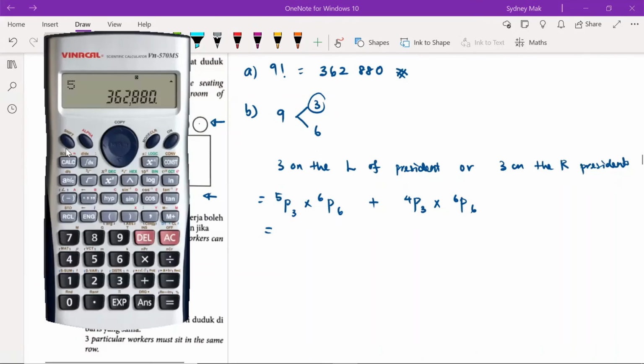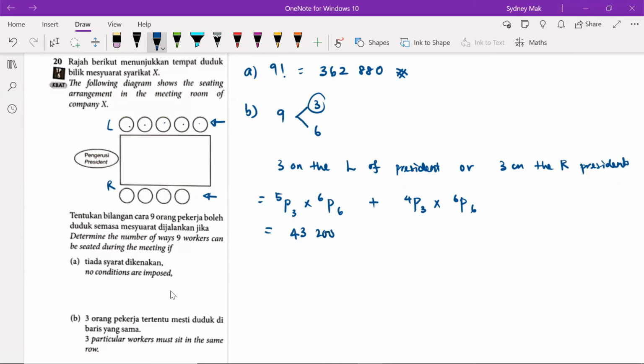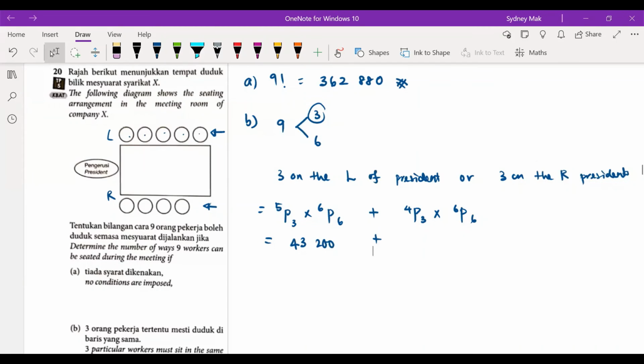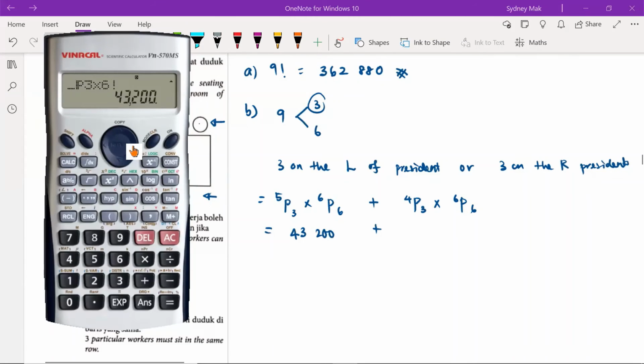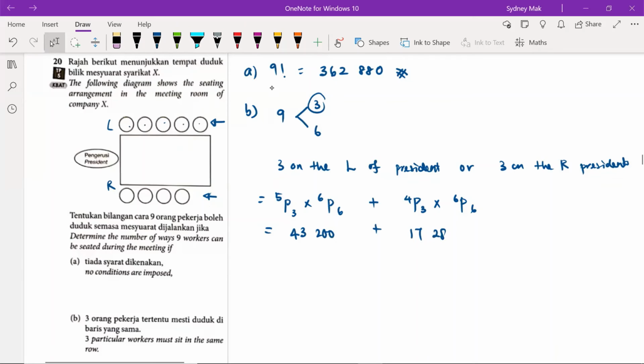Therefore, let's use the calculator. 5P3 times 6P6, which is 6 factorial, is 43,200. Plus 4P3 times 6P6, which is 6 factorial, is 17,280.